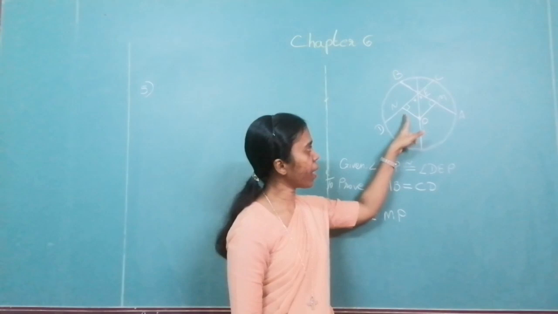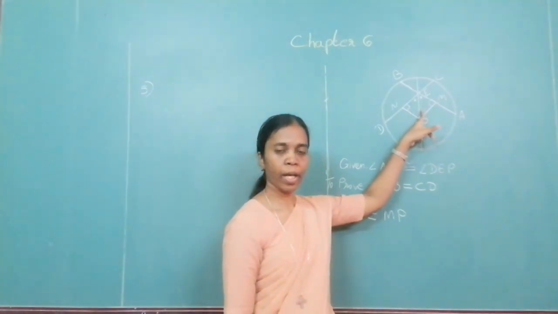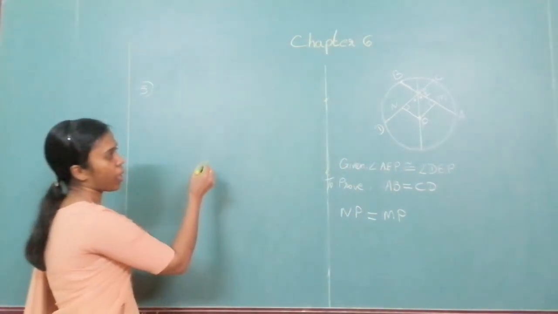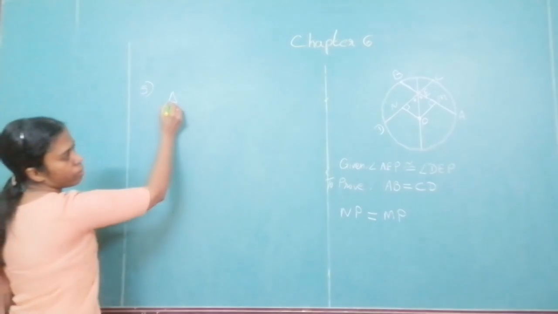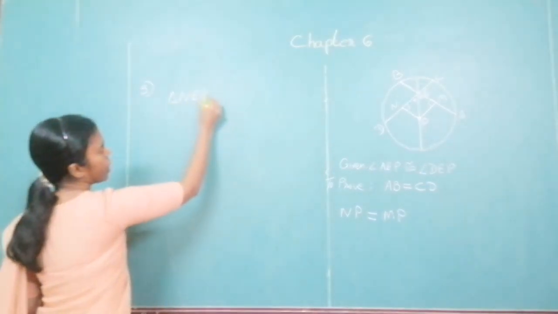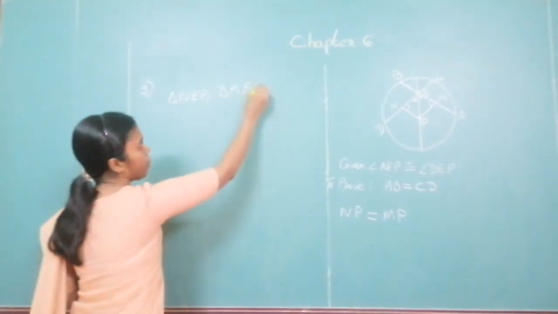Now to show that NP and MP, you can see the two triangles over here. I have to show that these two triangles are congruent. Which are the two triangles? Consider triangle NEP and triangle MEP.